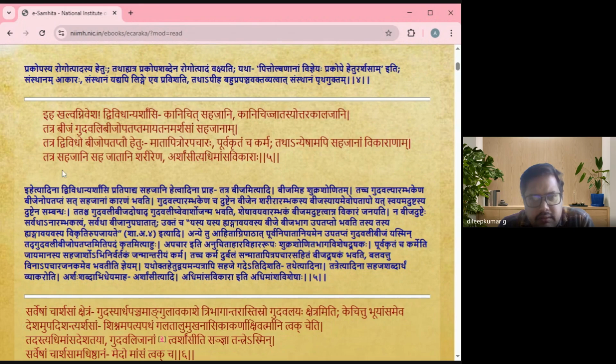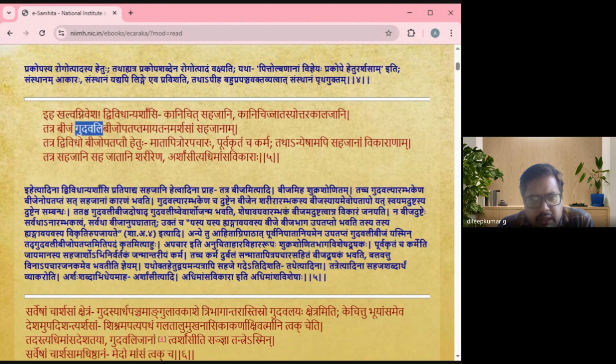Sahaja Arshas arises because of a genetical defect, or because of Bija Dushti or Bija Bhaga, which forms the Gudavali. Gudavalis are Pravahini, Visarjini, Samvarini. So three Gudavalis are there.